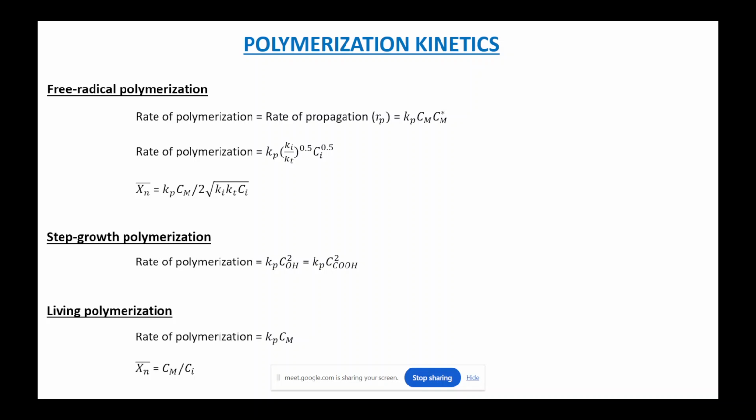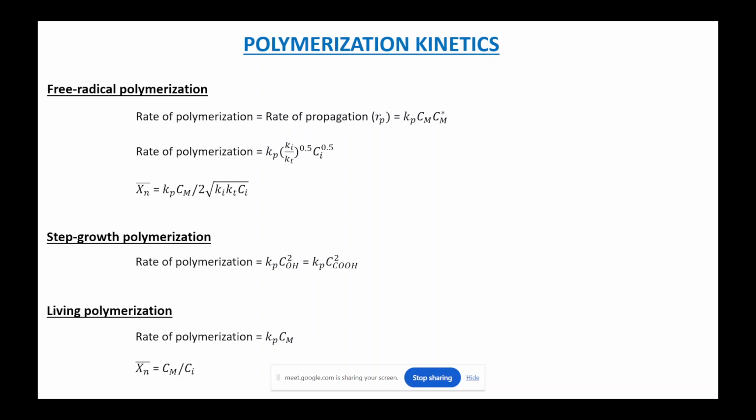Here, since the process is polymerization, we are interested in how fast or slow the polymerization happens, that is, the rate of polymerization. Here the rate of polymerization is equal to the rate of propagation.